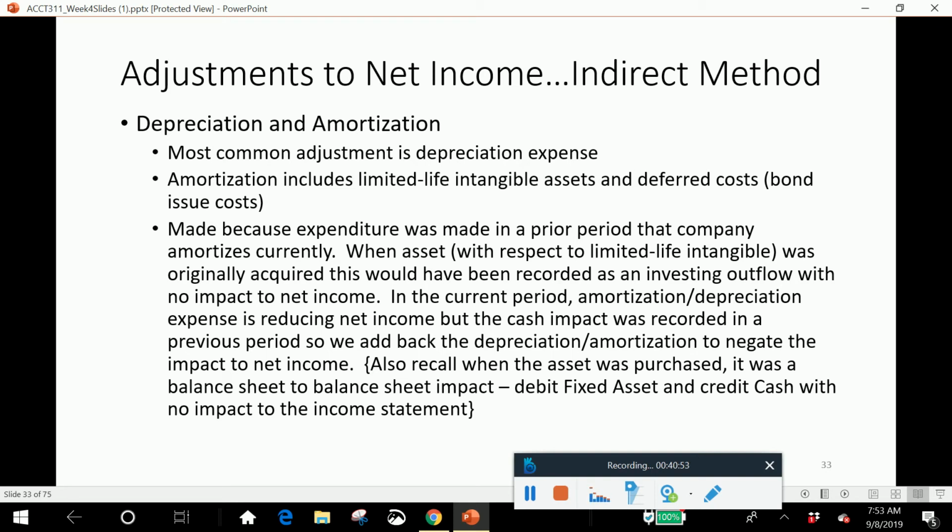We know that in the current period or in several periods, we are amortizing or depreciating that asset, which is reducing net income, but there was no cash impact because that had already been recorded in a previous period, so we add it back to negate the impact to net income.